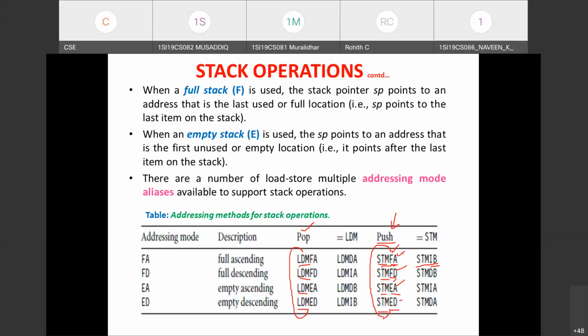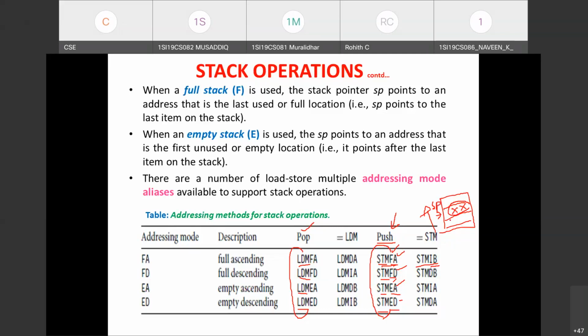Just see, if you are dealing with full ascending stack, meaning the stack pointer is pointing to the last element inserted. Full ascending means the stack is growing in the order of increasing memory address. It is moving from lower address to higher address. And if this is where the stack pointer is pointing to, then first we need to retrieve the data from the stack wherever SP is pointing to.